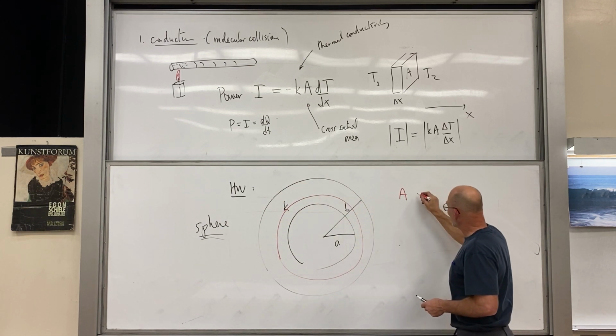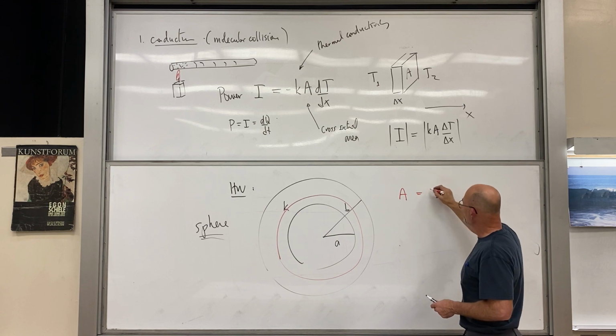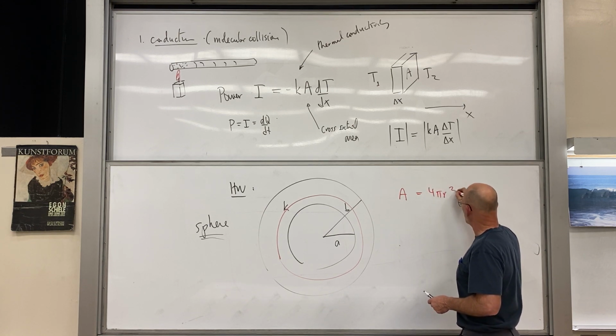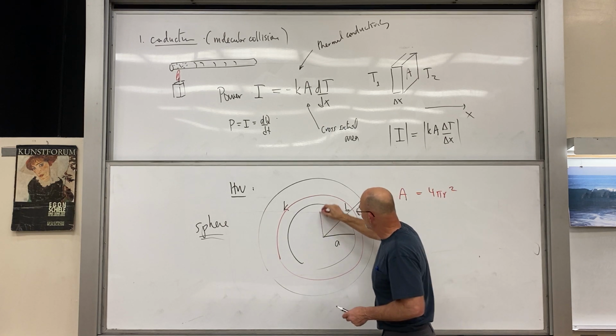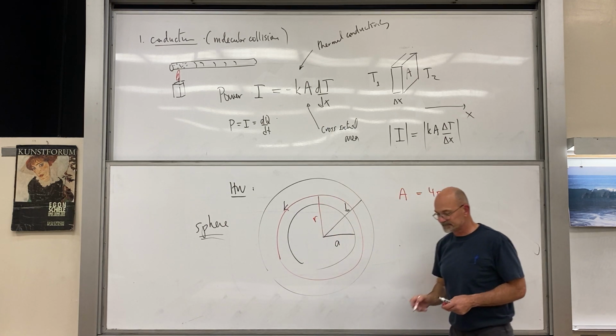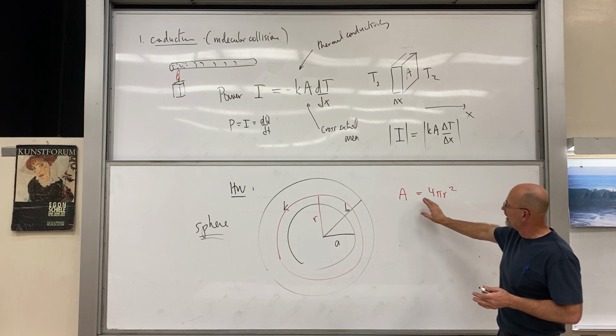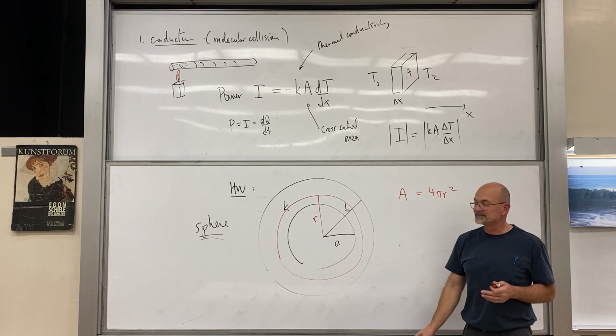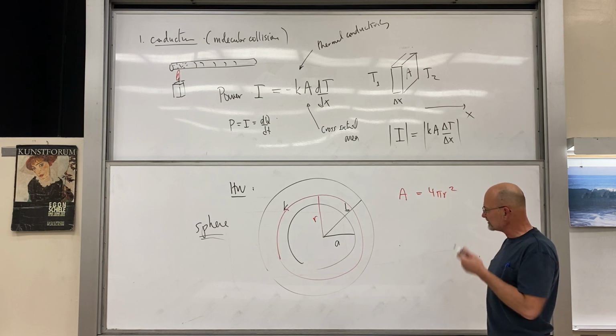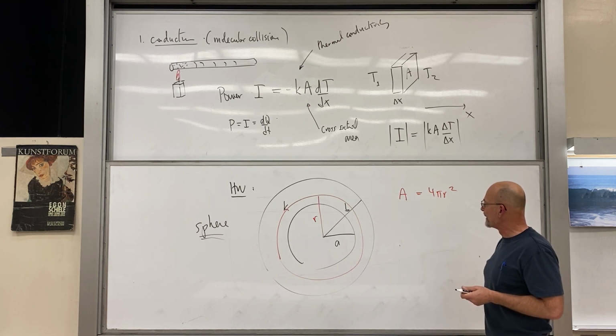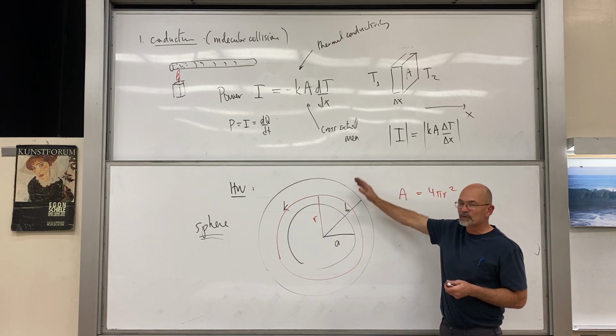So the area is going to be 4 pi r squared. That's an r right there. So you set this up, and they'll lead you through it. It's nice, and you'll do an integration to solve the problem of the heat flux through this sphere.